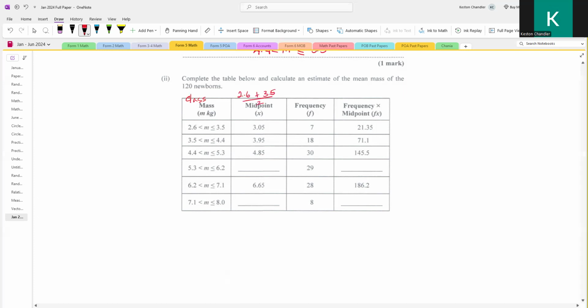So if you go on a calculator right now and do 2.6 plus 3.5, and then divide that by 2, you will get 3.05. So quickly, take 5.3, add it to 6.2, and divide that by 2, and somebody tell me what you get. And somebody else do 7.1, add that to 8, divide that by 2, and tell me what you get.